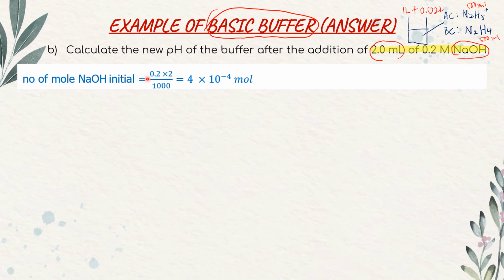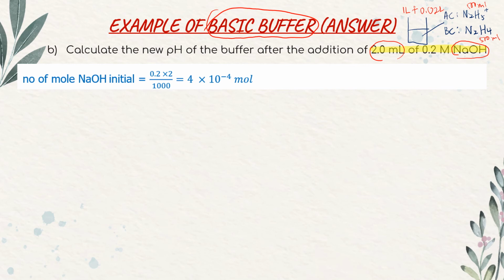So, just buat 0.2 volume, n equals to MV over 1000. 0.2 darab 2 bahagi 1000. So, kita dapat the initial number of mole sebagai 4 times 10 to the power of negative 4. Okay. So, as you can see over here, dia ni sebenarnya saya tersilap.